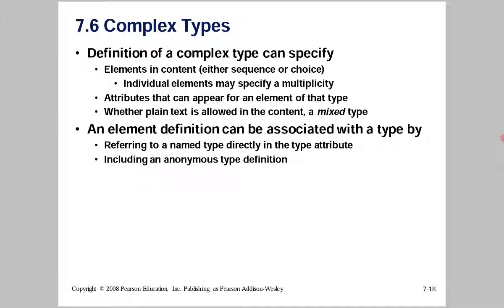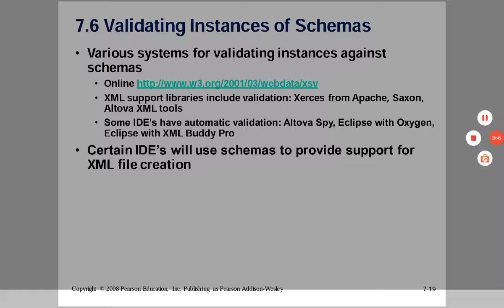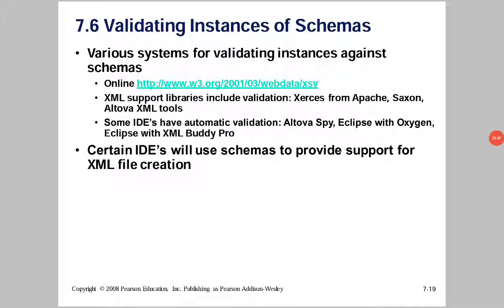An element definition can be associated with a type. By using complex types we may create various complex structures and other types of definitions in XML. So validating instances of a schema.